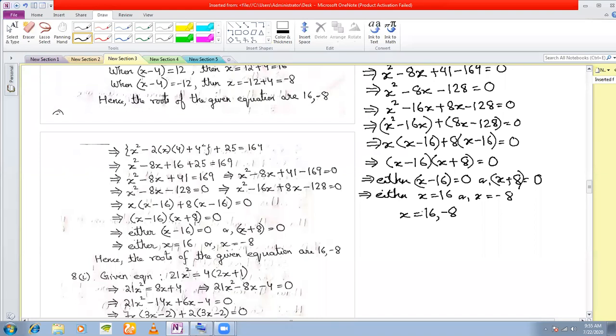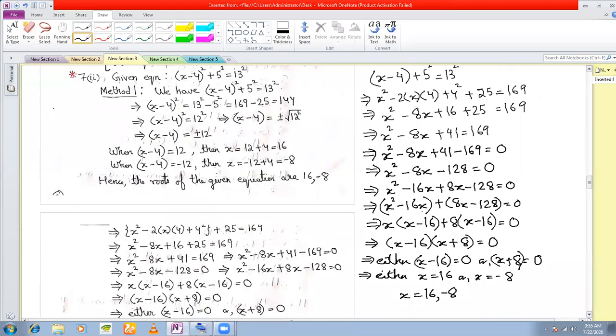Now see this, in this method I have actually squared and brought it to the form ax square plus bx plus c. But in method 1, see what I did. In method 1, I took the 5 square to the right hand side, and then I took the square root, resulting in 12 square.